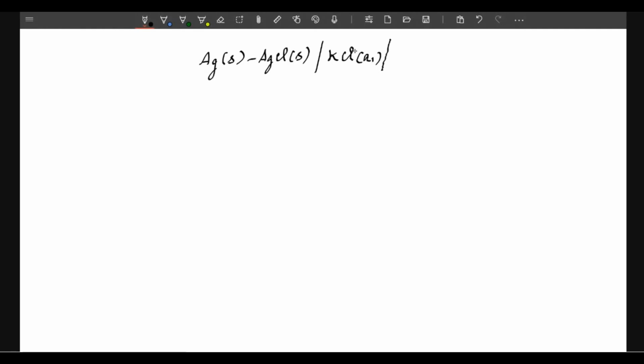Sometimes a single line would be there, or in some books dashed lines would be there. Single line indicates that it is a semi-permeable membrane. KCl, activity A2. And here the electrode is a metal electrode with this insoluble salt.